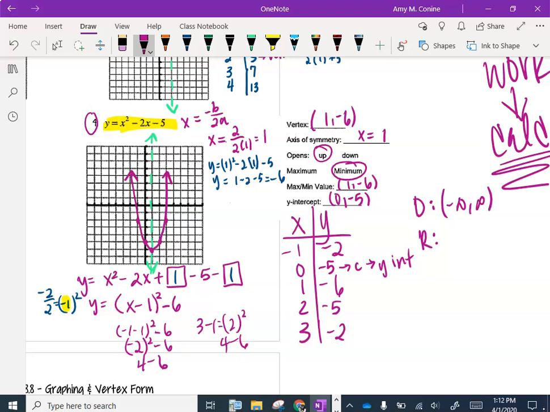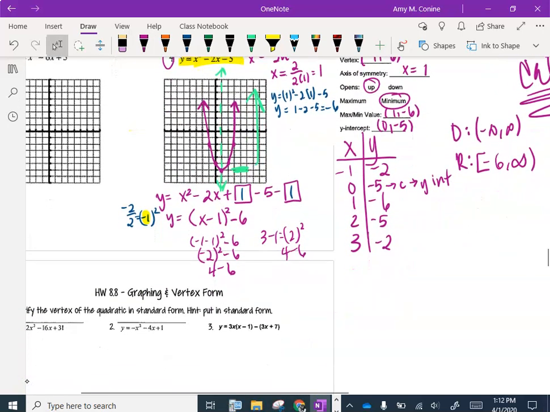So now your range is going to be where either you're starting from negative infinity and ending at a point, or you're starting at a point and going to positive infinity. Because it's a minimum, we are starting at the minimum and then going up from there. So we have -6 going all the way to positive infinity. And that's it.